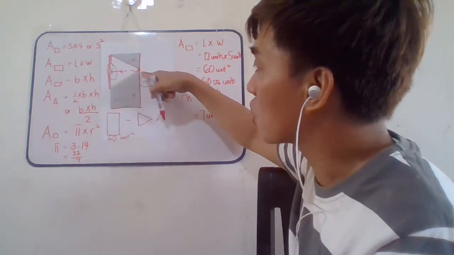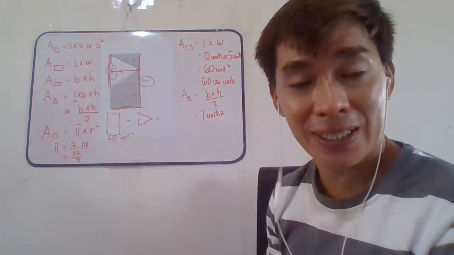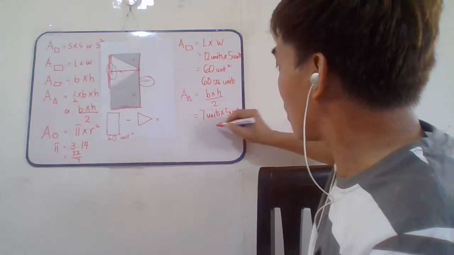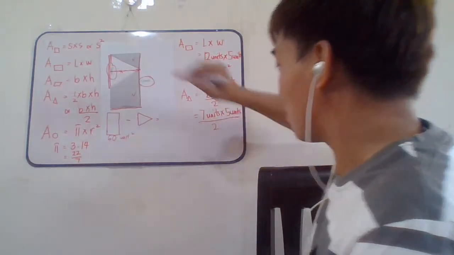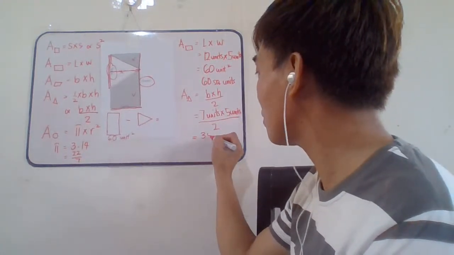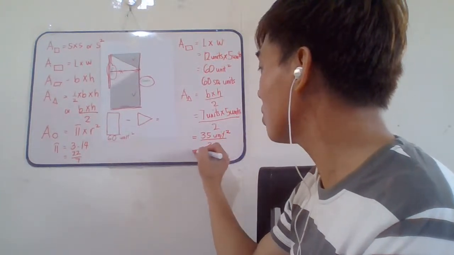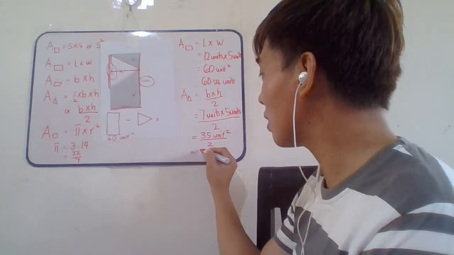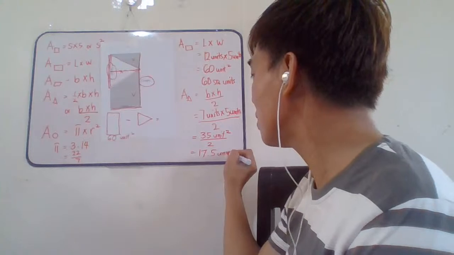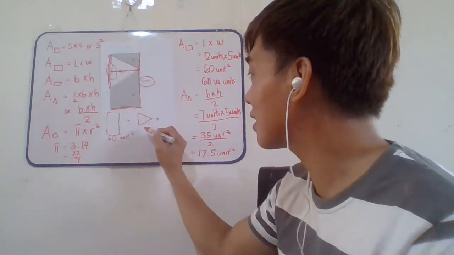So the height here is also equal to the width of the rectangle, which is 5 units. So 7 times 5 gives us 35 unit squared, divided by 2, that will give us 17.5 unit squared. That's the area of the triangle.